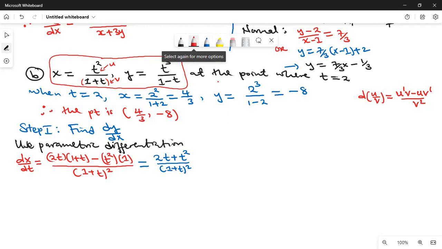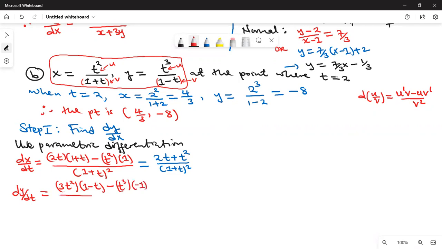Also find dy/dt. Another quotient rule. Now our u is t cubed and our v is 1 minus t. u prime is 3t squared times v, which is 1 minus t, minus u, which is t cubed, times v prime, which is negative 1, everything over v squared, that is 1 minus t, the whole of that squared.